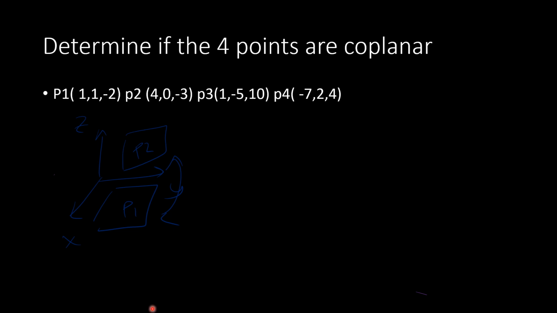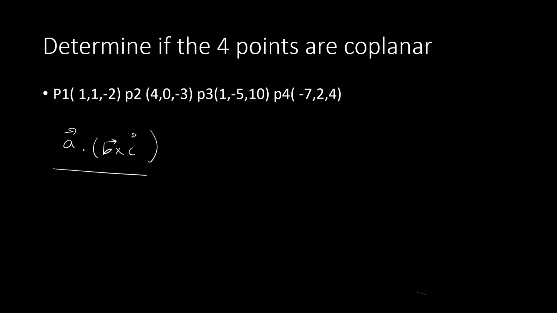So how do we calculate that numerically? There is a formula to do that. The formula is we need to find A dot product with B times C. This is the formula.